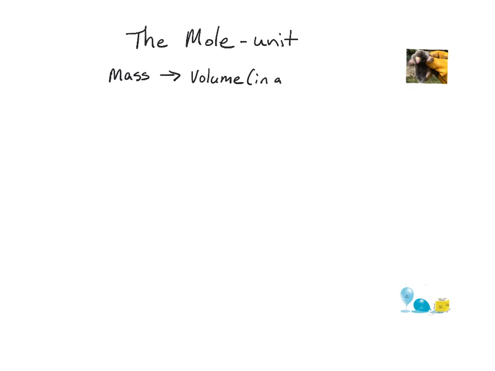Alright, today we're going to do a couple different segments, and this first one we're going to start to talk about the mole. Now, the mole is a unit that we use in chemistry. But it's a very odd unit because this unit converts mass to volume, and that's in a gas, to the number of particles.